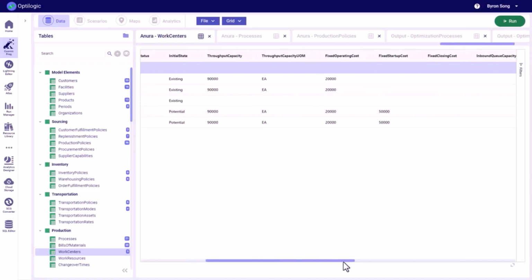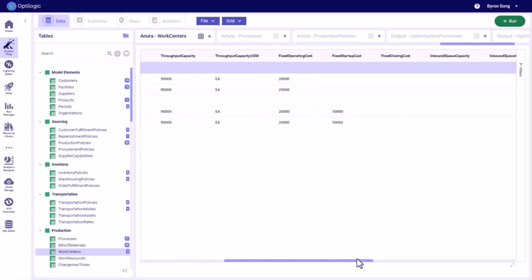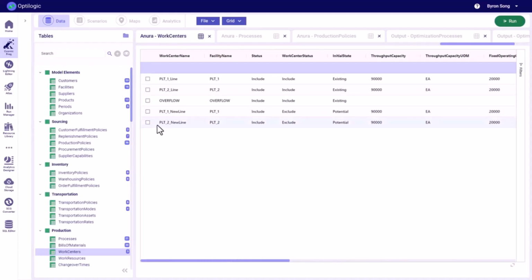And you can also see some other information here. The current work center will incur a 20,000 annual fixed operating cost. We have also set up some potential work centers. I call it plant 1 new line and plant 2 new line.